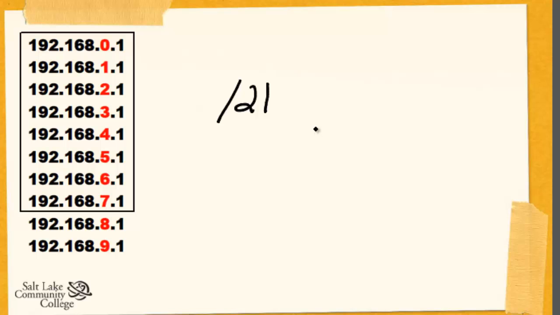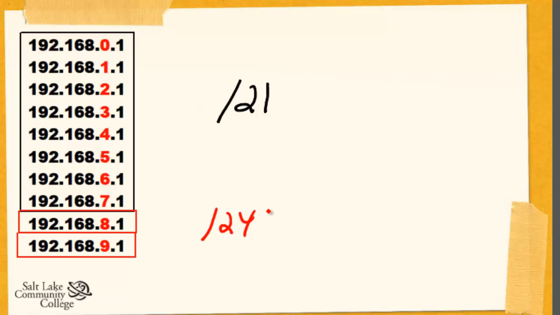And then, so we don't capture too many other networks, we decided the 8 and 9 would be advertised out individually, and we would just leave them separate. So this one would be one route, and this would be one route also. And we would advertise them out with their default mask of /24.